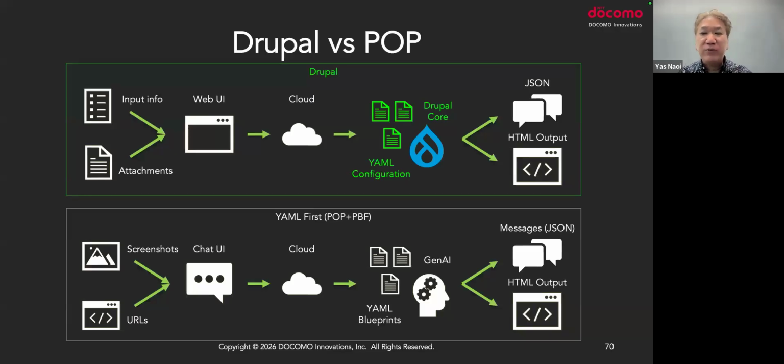POP takes a YAML blueprint instead, feeds it to generative AI, and lets the runtime handle validation, logic, and rendering. The key point is that Drupal relies on static configuration and code, while POP runs the logic directly from YAML. So when requirements change, we update YAML, not the code base. That's the shift we call YAML first.